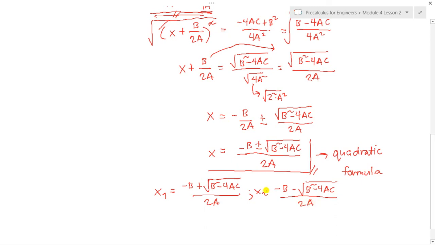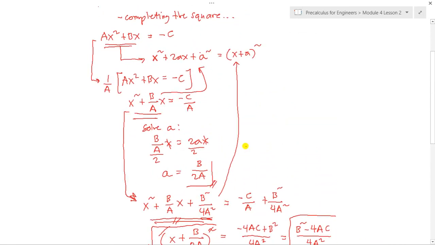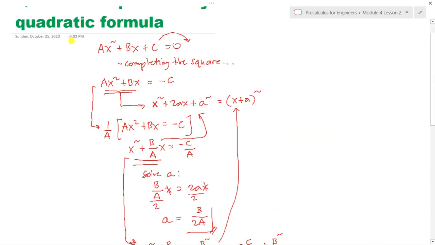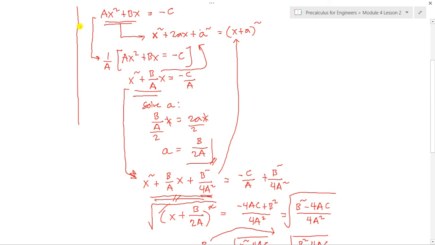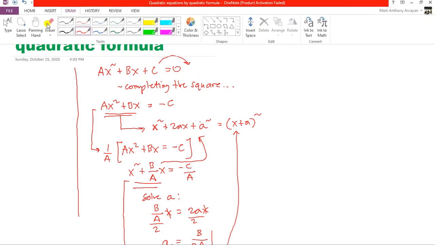That's it. So if you have a given coefficient for your leading term, the middle term, and the last term, which is the constant, then you can just plug it in to solve for the roots of our quadratic equation.